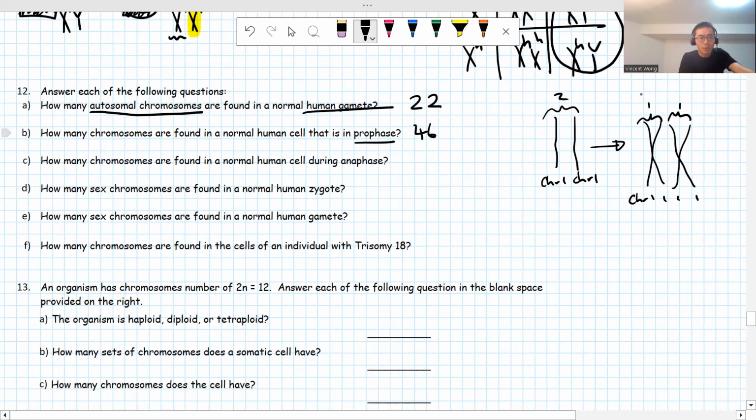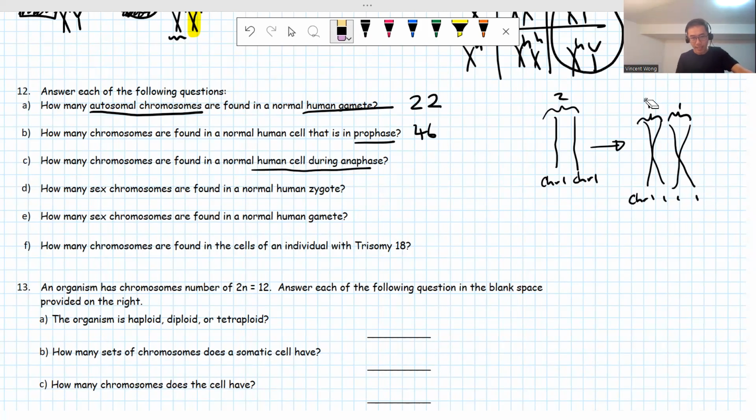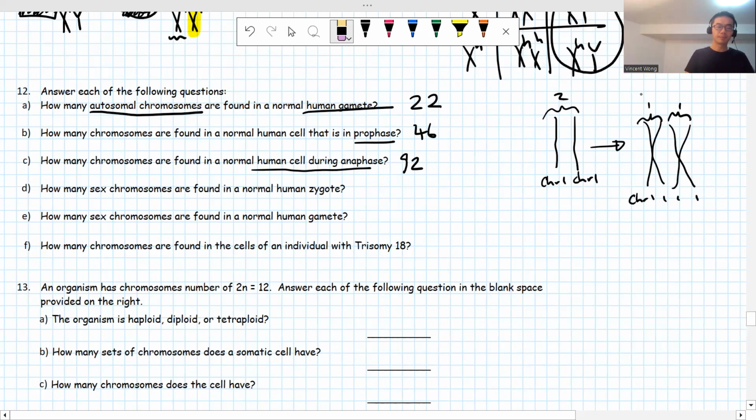How many chromosomes are found in normal human cells during anaphase? In anaphase, we have separated the chromosomes. Now you pull apart the sister chromatids, so now it is going to be double. As soon as you pull them apart, we count them separately.